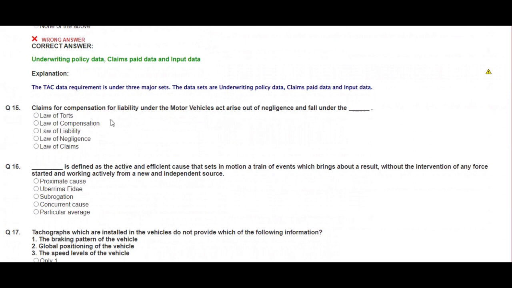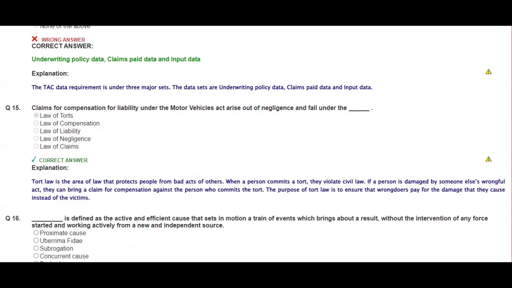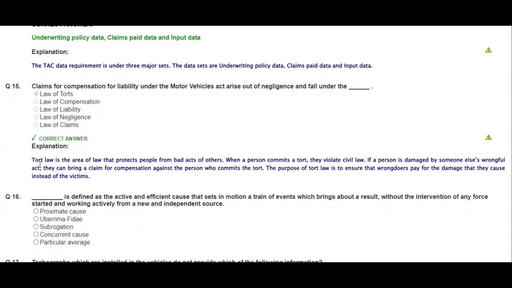Claims for compensation of liability under the Motor Vehicle Act arise out of negligence and fall under the law of torts. Tort law is the area of law that protects people from bad acts of others.